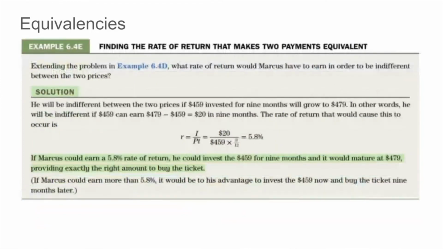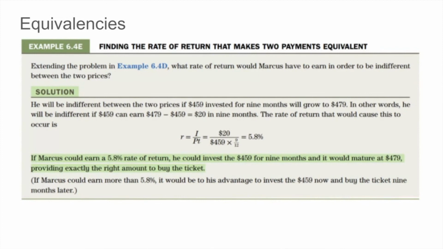Yet another example. Here we've got a couple of payments on the go. So what rate of return would Marcus have to earn in order to be indifferent to the two prices? So what we're trying to do here is to say, okay, look, you got the two tickets. One's $459, the other price is $479. What would the interest rate really have to be in order to make the two of them economically equivalent? Well, there's a $20 difference between the two.